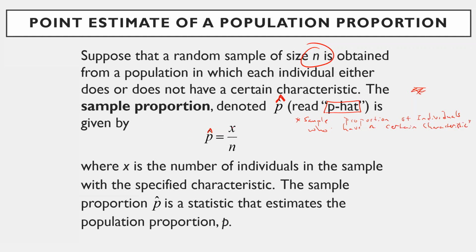It is given by taking the number of people in the sample who have that characteristic, x, and dividing it by n, the sample size. x is the number of individuals who have that specified characteristic. And this p hat is a statistic that estimates the population proportion. So p hat estimates the population proportion.